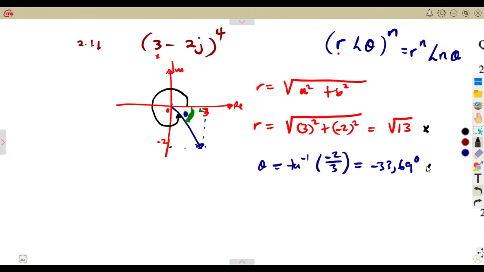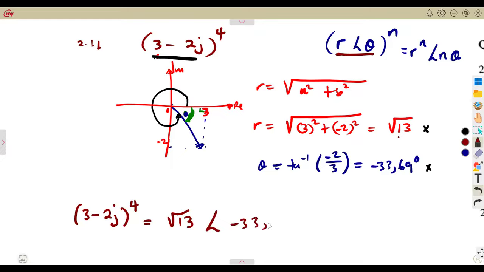And our r there, we are just rewriting this in polar form. So meaning to say, this whole expression that we're given here, (3 minus 2j) to the exponent of 4, the whole of this part raised to the exponent of 4, is the same as, in polar form, r angle of theta, which is our r, the square root of 18, and the angle theta, which is negative 33.69 degrees.